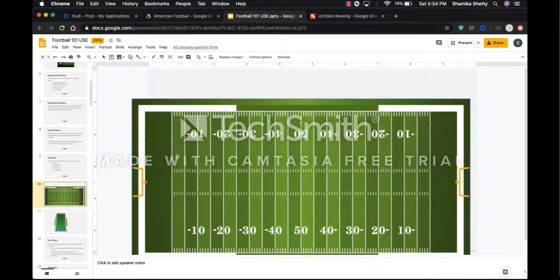Okay, let me just do a drawing so you understand. Okay, so this distance is the 10 yards, and I will do another which will help you understand.